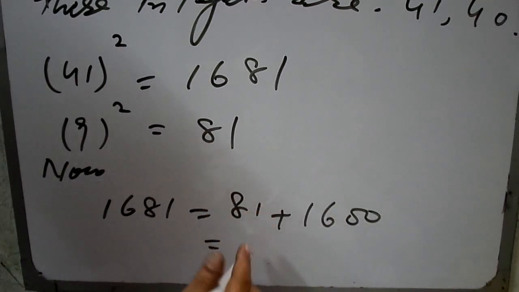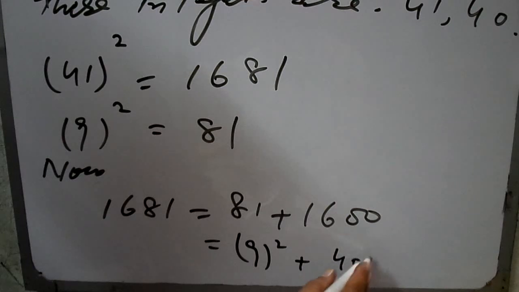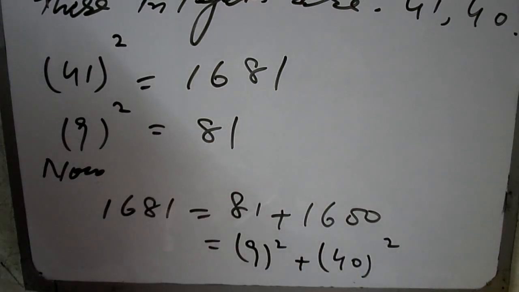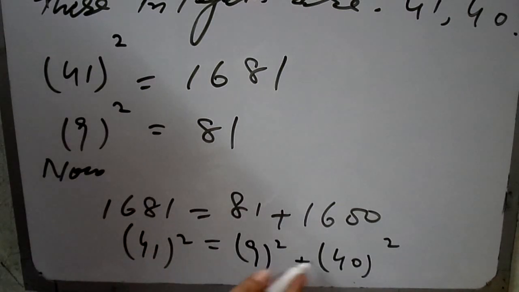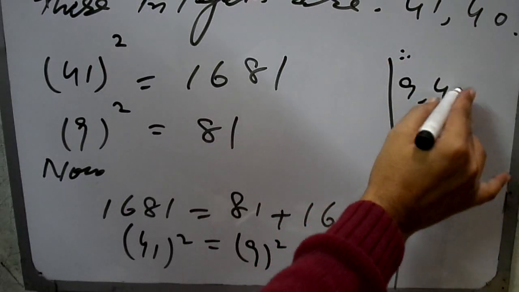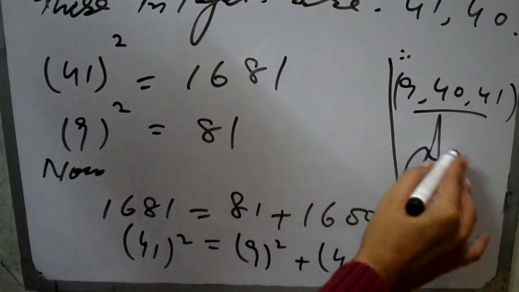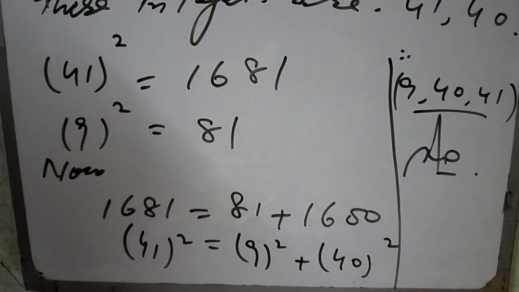So reverse it: 81 can be written as 9 square, 1600 can be written as 40 square, and 1681 can be written as 41 square. So 9, 40 and 41 are the Pythagorean triples. That is your answer.